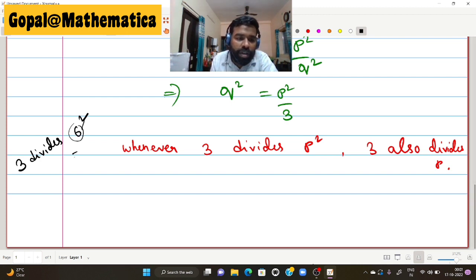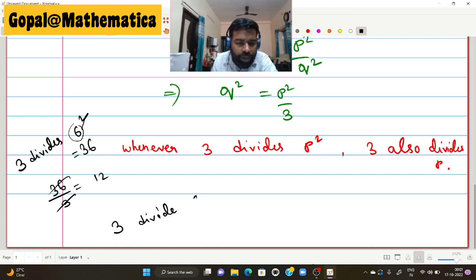We know what 6 square is: 36. So 3 actually divides 36, isn't it? 3 divides 36 and we get 12. Does 3 also divide the number itself, without the square? Yes, see, it divides. So we get 2.